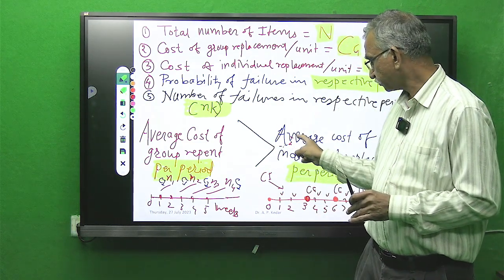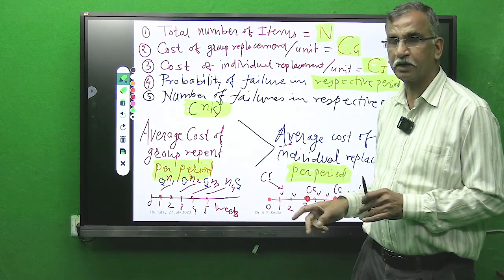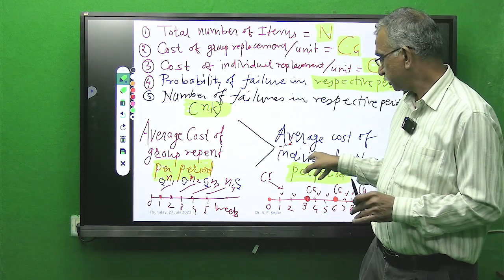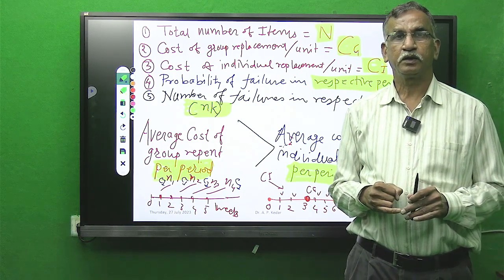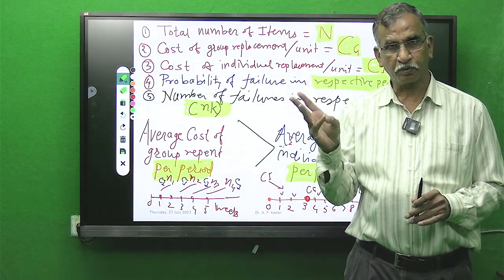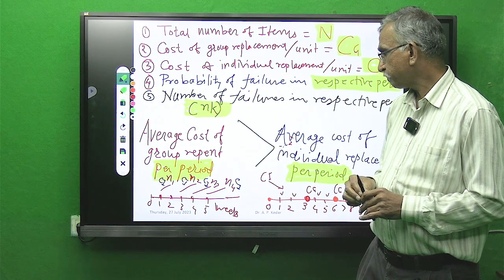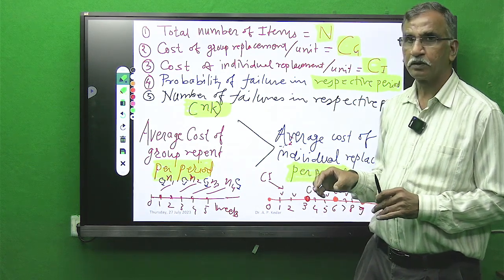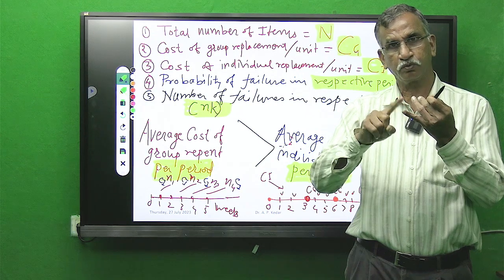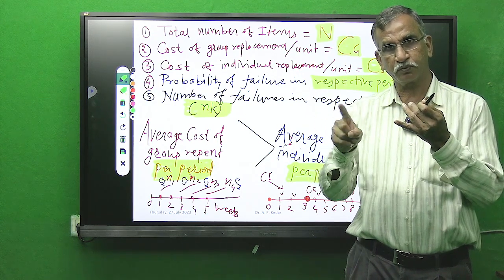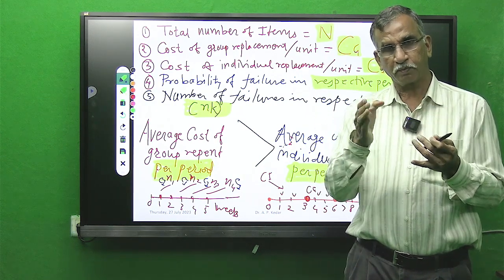And here, for finding this average life for the individual replacement policy, we need the value of the probability of failure of the respective year. It means we will have years 1, 2, 3, 4, or months 1, 2, 3, 4, or weeks 1, 2, 3, 4, with the probability of failure.